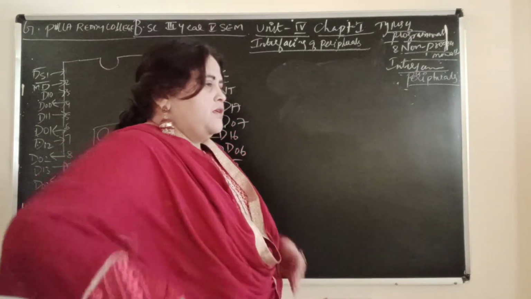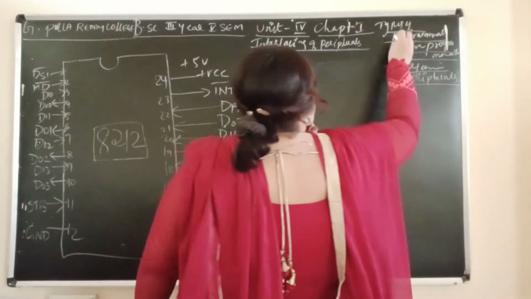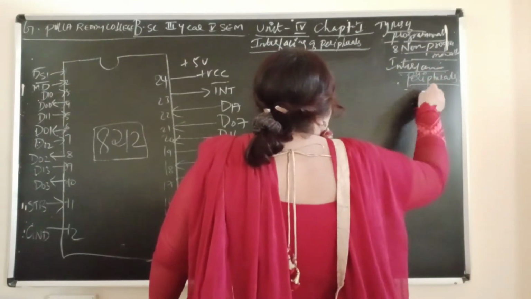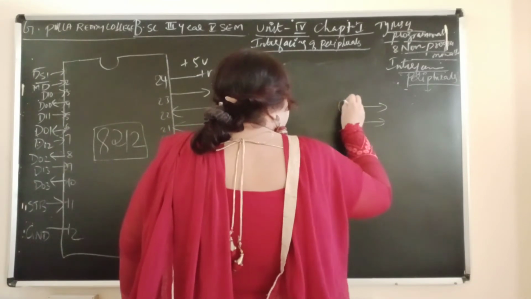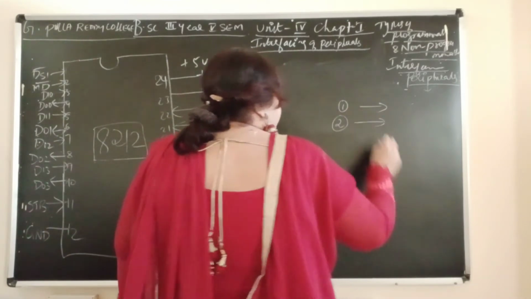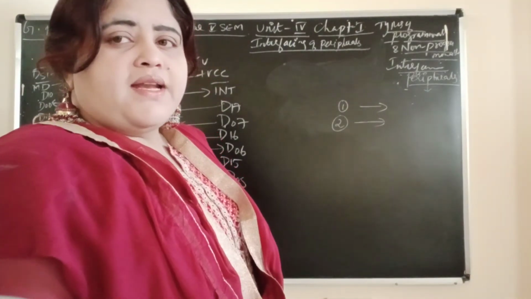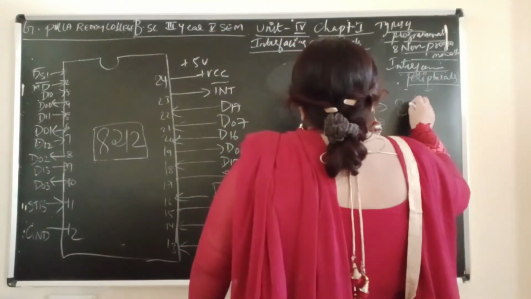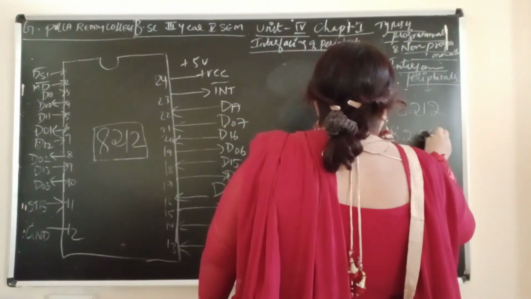Now the first chapter name, what I told you, is types of programmable and non-programmable interfacing peripherals. In this chapter you have 2 important ICs: 8212 and 8255.